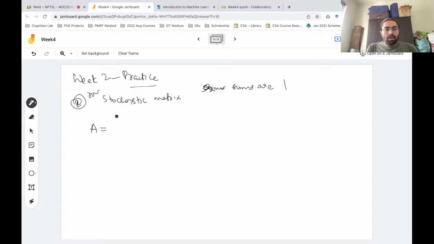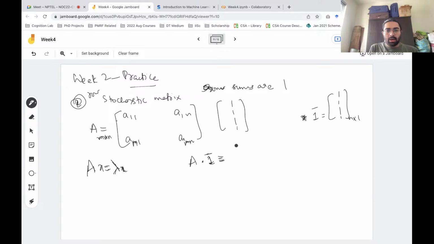So what are we doing here? I'm multiplying all of this with ones. If you take this product using the standard matrix multiplication method, what I'm doing is a11 plus a12 plus so on until a1n, which I know for a fact is 1, because the row sum is 1, and the same thing will happen for all the rows.